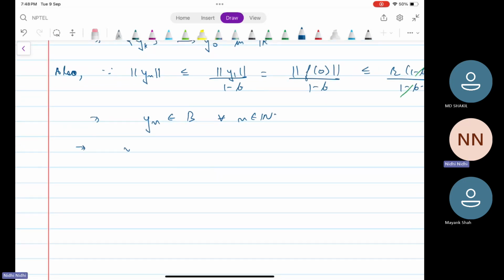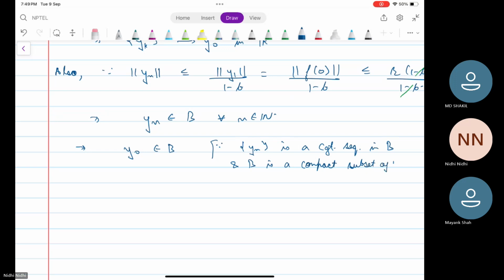This implies y naught is in B, since yn is a convergent sequence in B, and B is a compact subset of Rn.